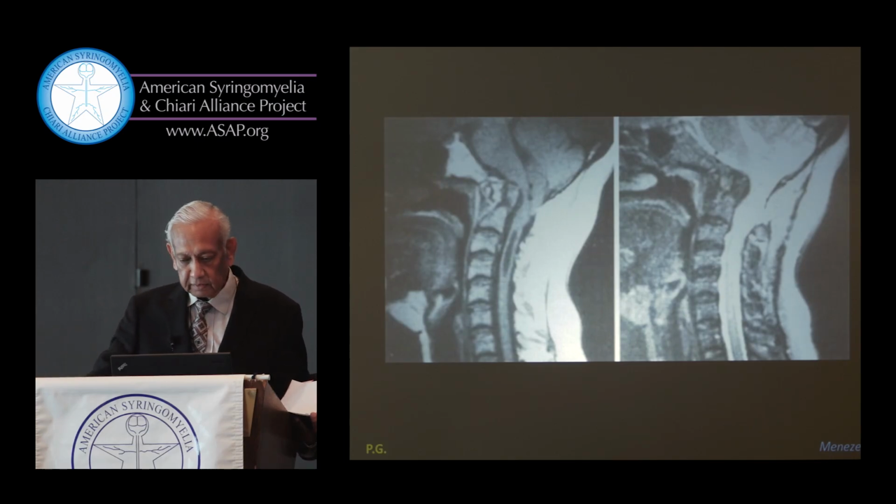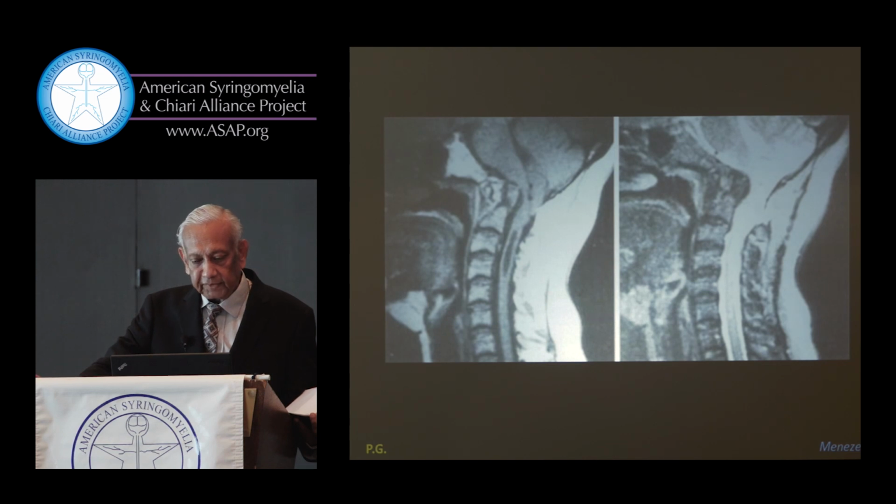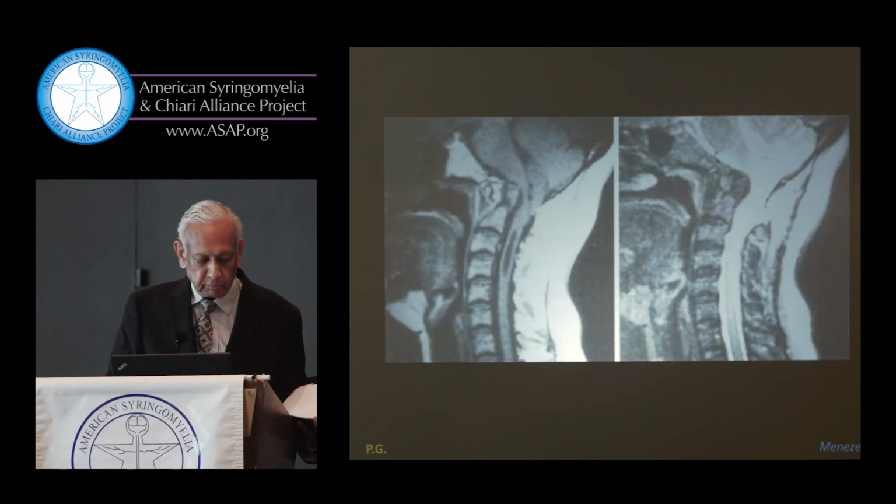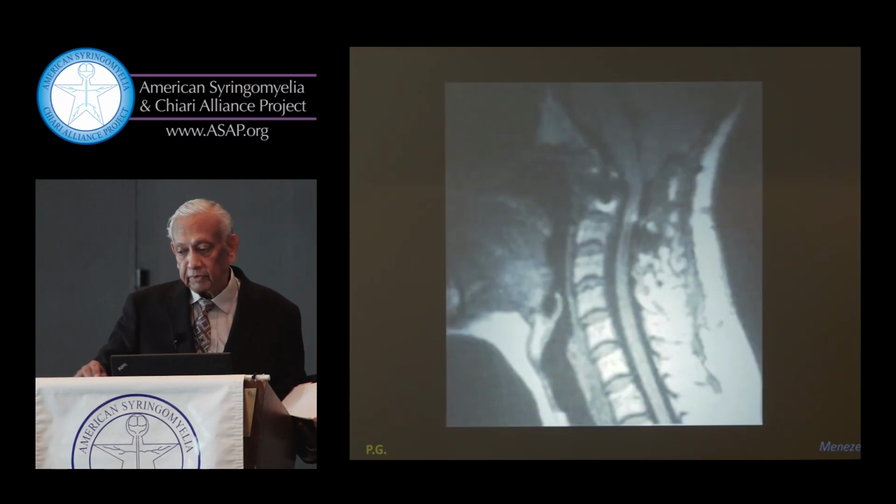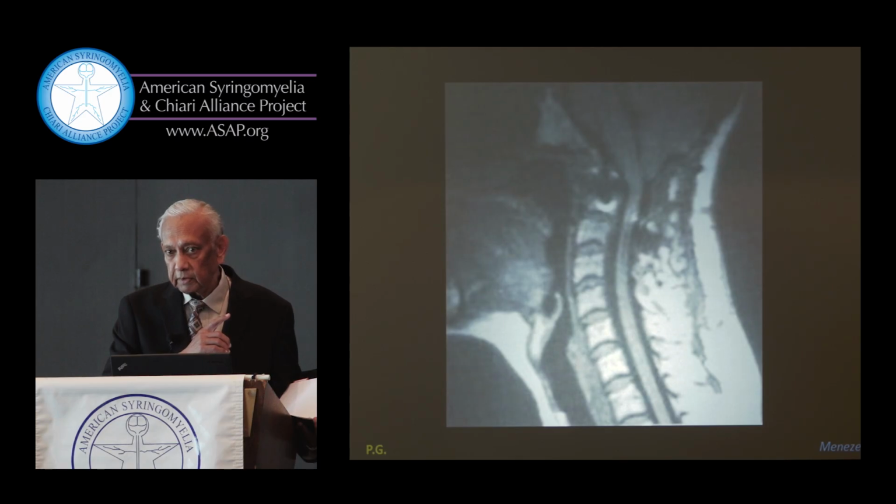So what are we seeing here? This is a patient who came to us in 1990. The slide from in front, from the left, shows the pressure from in front. And, you know, MRI has changed and improved so significantly. So we took care of the problem from in front. You can see that the syrinx has gone away.